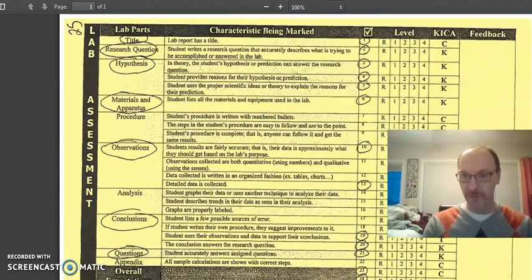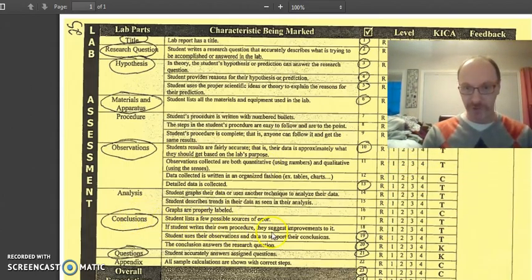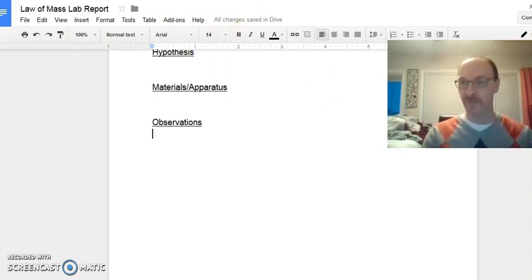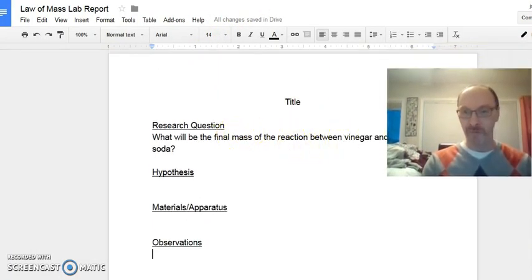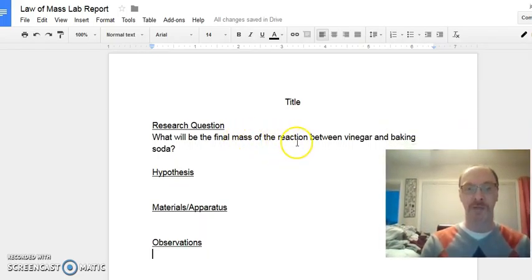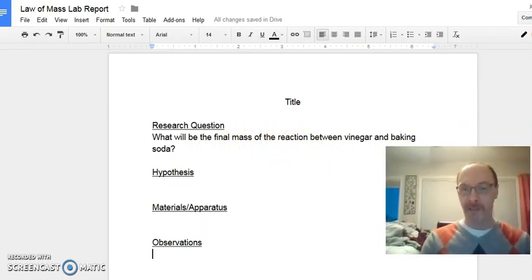Then you need to do conclusions. So in the conclusion, the student uses their observations and data to support their conclusions. The conclusion answers the research question. Again, our research question is, if we go back up to the top, what will be the final mass of the reaction between vinegar and baking soda?